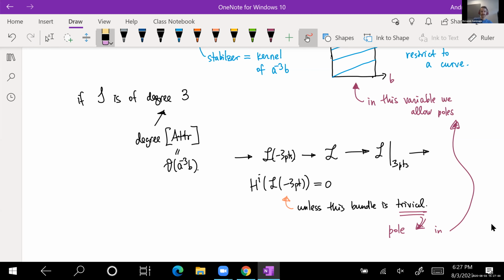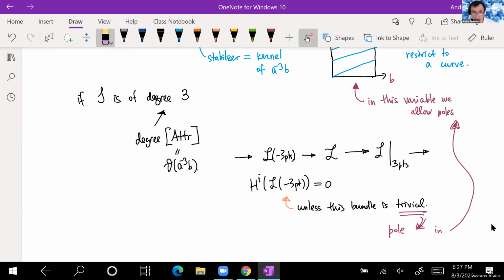How did you decide to allow poles in the B variable? Well, we fixed some group, and then in addition to that group, we can have some commuting action. We can have the Z variables, and then in principle they all play a role. What we're going to use is the fact that as we vary the Z variables, my line bundles really do change. That's very important. So this is really a non-trivial family of line bundles.